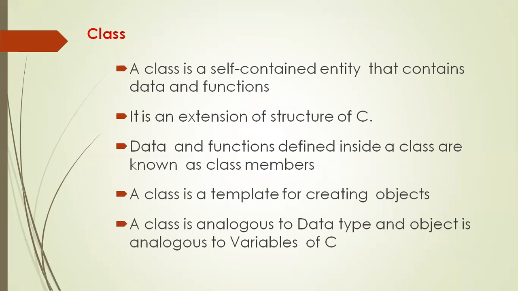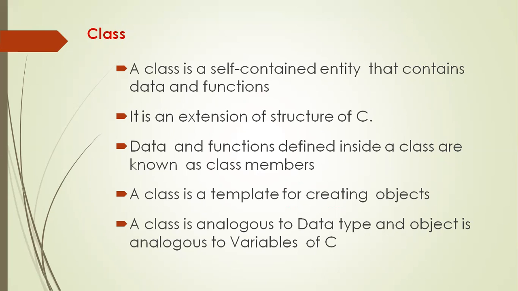For example, if Student is a class and S1 and S2 are two objects of the Student class, it means the member data and member functions defined inside the Student class are there in both S1 and S2. Here, Student is considered a class, and S1 and S2 are considered objects.